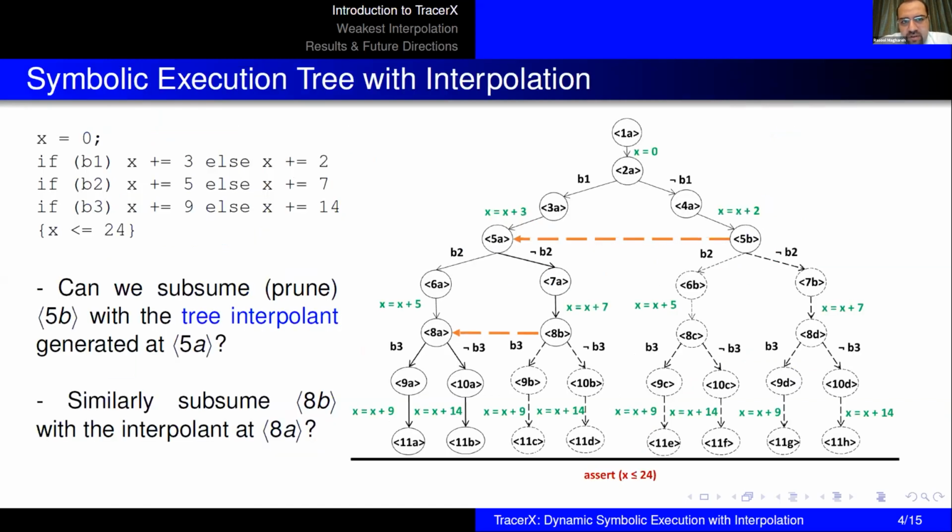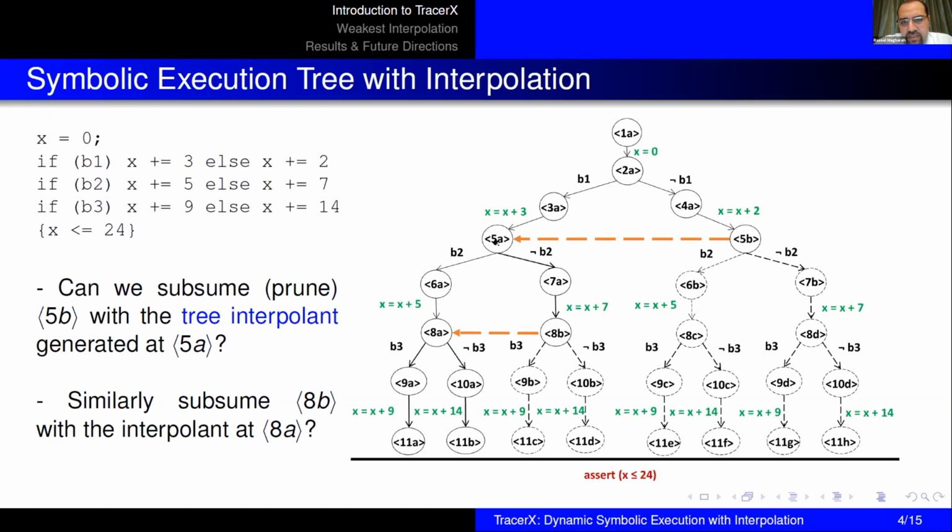So for example, consider this example on the top left, where we are trying to prove that X is less than or equal to 24. You can see the symbolic execution tree on the right-hand side. Inside this tree, program points 8A and 8B are similar, and program points 5A and 5B are similar. When the traversal reaches 8A and traverses the subtree below it, we will try to create a tree interpolant.